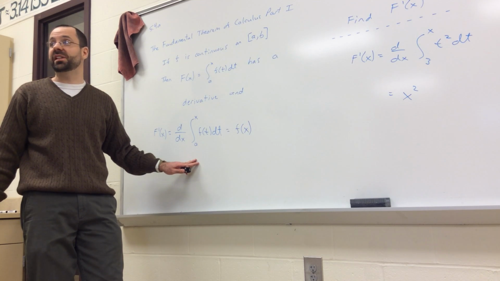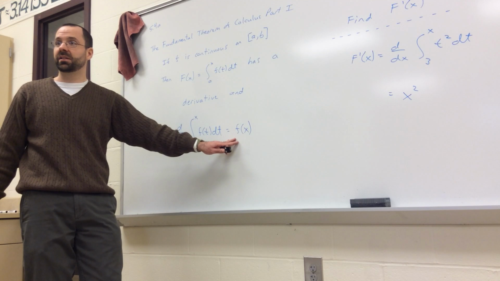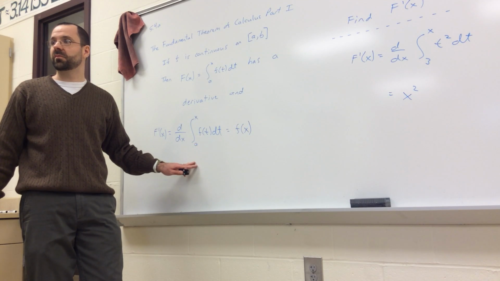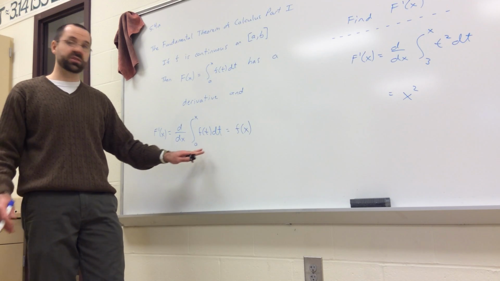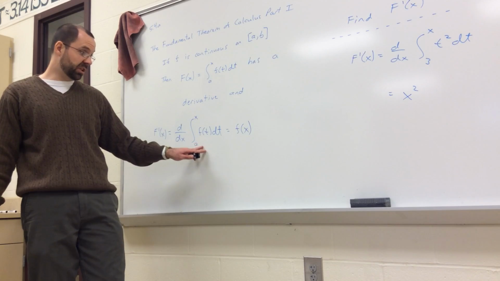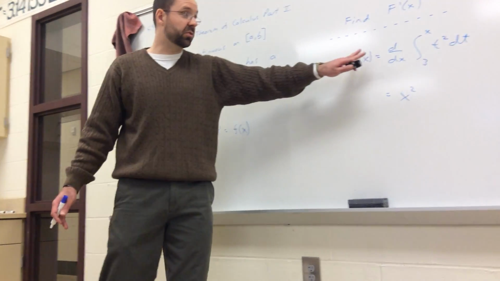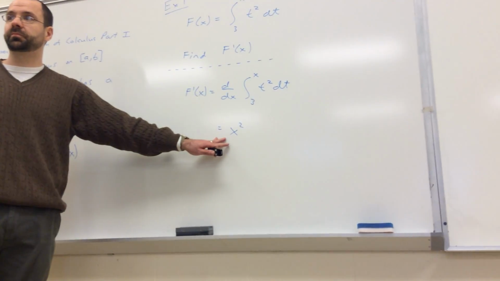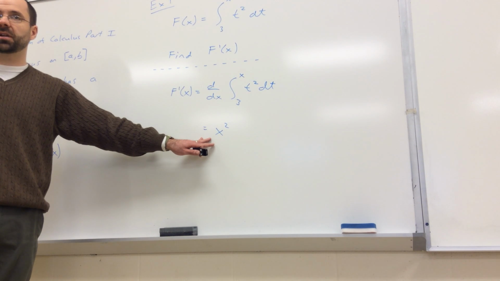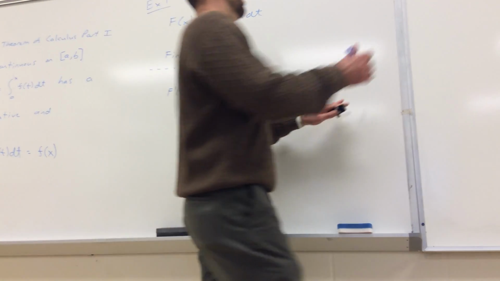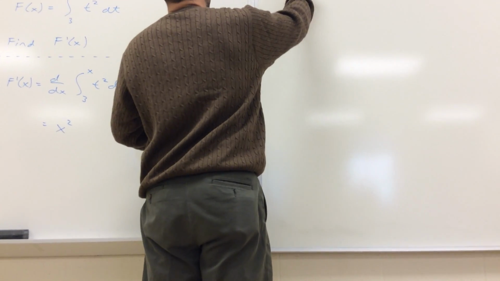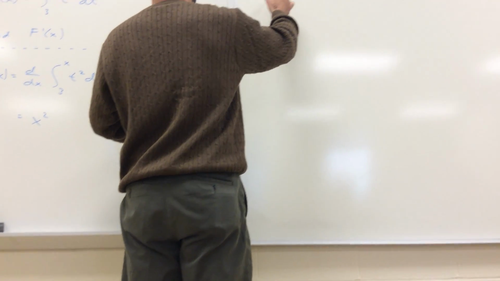You're just supposed to believe me that this is true, which is different than what I normally do. Normally, I start with why and then get to what's true. But for today, I'm telling you, this is true. When you do this derivative, you get x squared. Is everybody doing okay? Okay, things get a little bit tougher than that, but not crazy tough.